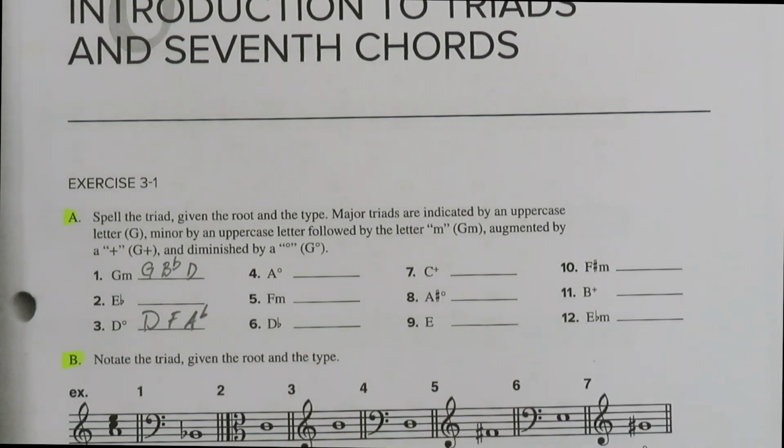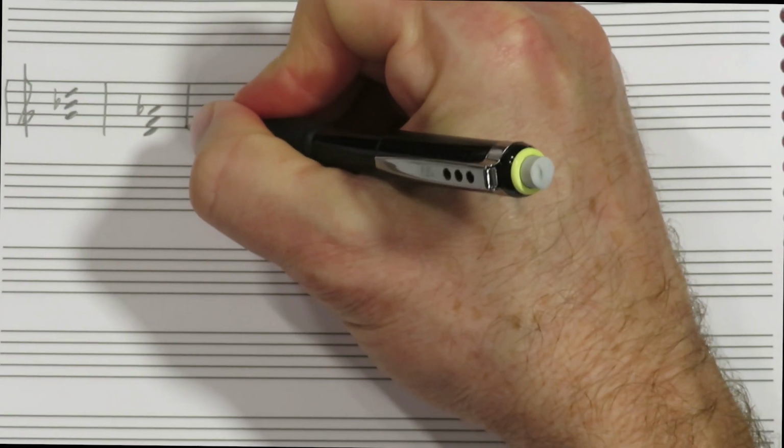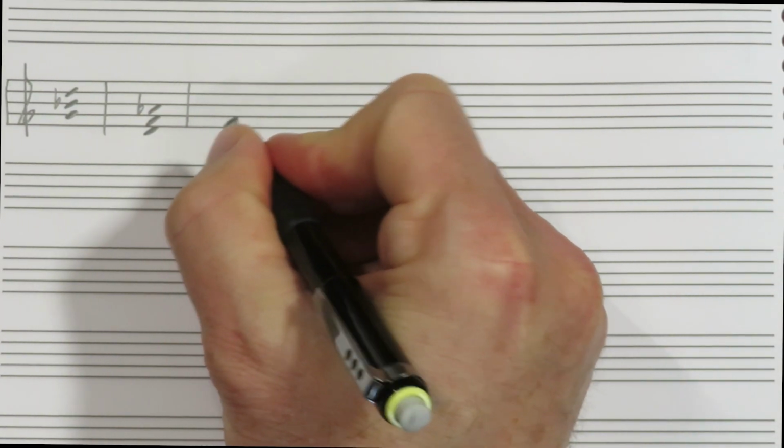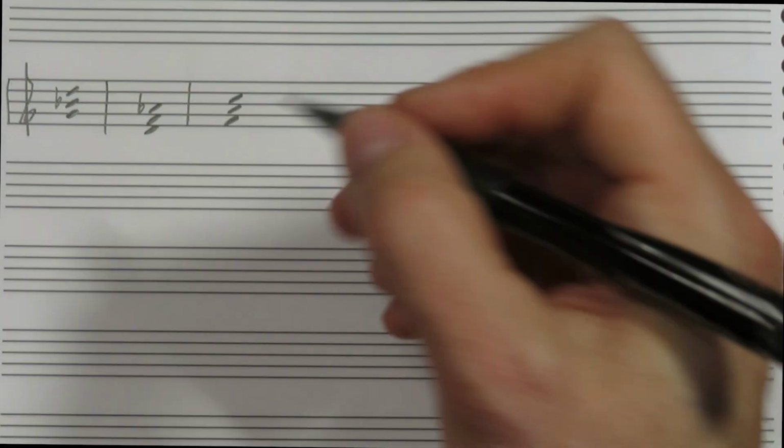Okay, number 5, F minor. Okay, so this one's kind of easy, right? Like F, A, C, right?